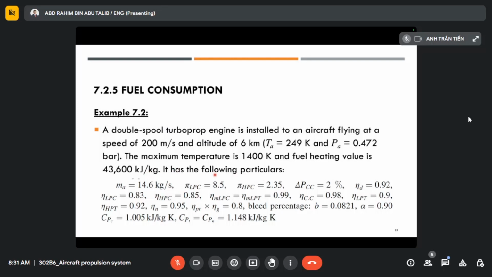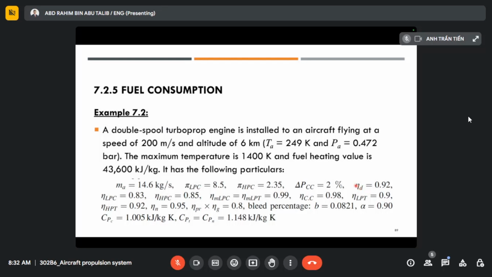It has the following particulars. So there is a lot of information given here. Mass flow rate is given as 14.6 kilogram per second. The low pressure compressor ratio is 8.5, high pressure compressor pressure ratio 2.35. The pressure change in the combustion chamber is 2%.